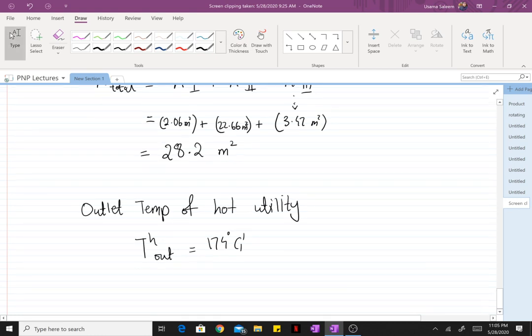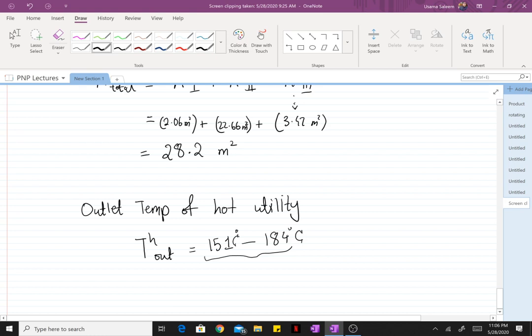That was the number that we based all of these calculations on. So if you were to do a parameter sweep of the hot outlet temperature from, let's say, 151 to 184 degrees Celsius, this becomes an optimization problem.